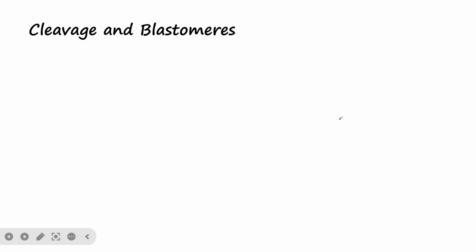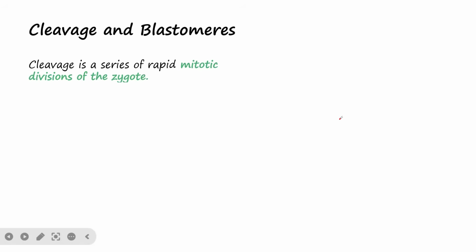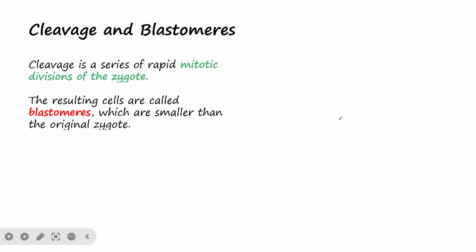So the next thing is cleavage and blastomeres. After the zygote is formed, cleavage occurs. What is cleavage? It's a series of rapid mitotic divisions of the zygote. So the zygote will cleave itself mitotically, and the resulting cleavage cells are called blastomeres, which are smaller than the original zygote.